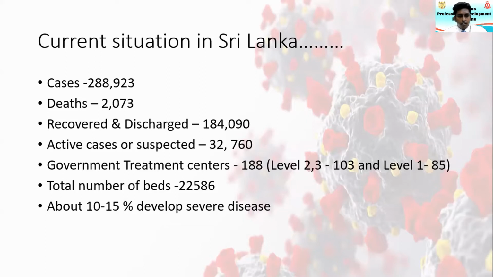In government centers, we have about 188 centers: level 1 and level 2, 103 centers, and level 1 centers, 85 centers. The total number of beds is 22,586. About 10 to 15% of our patients will develop severe disease.